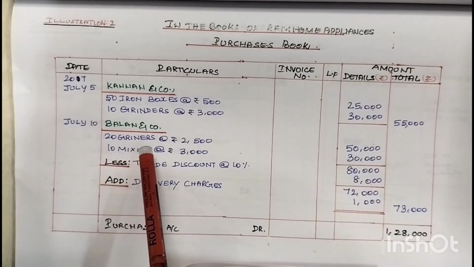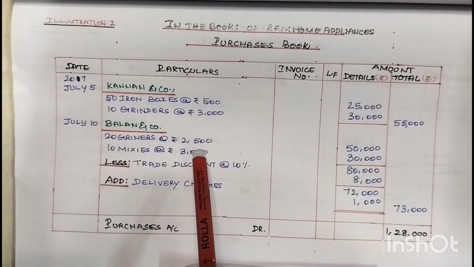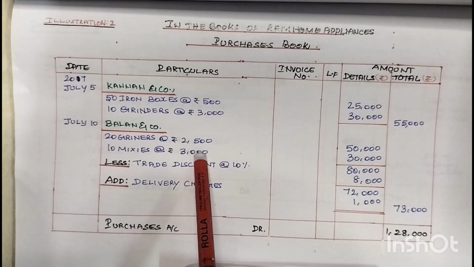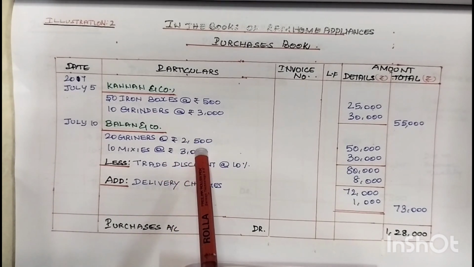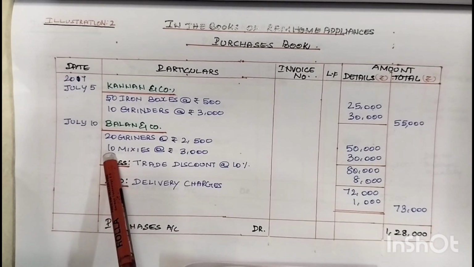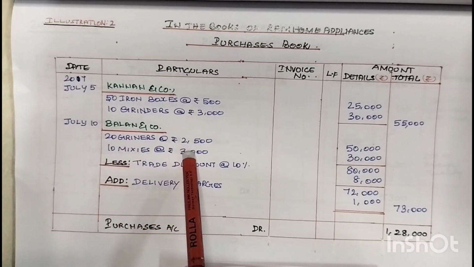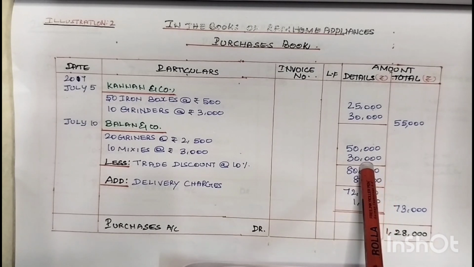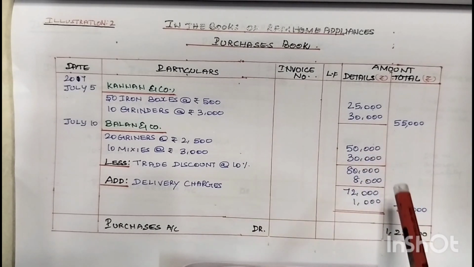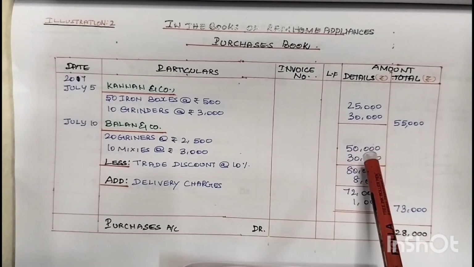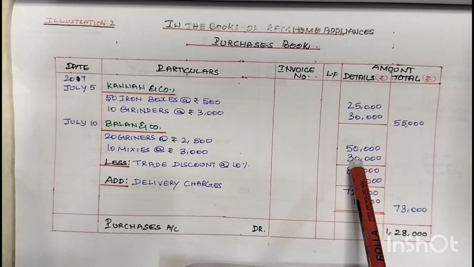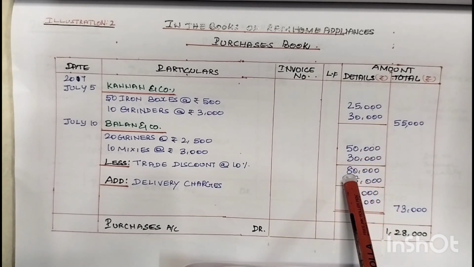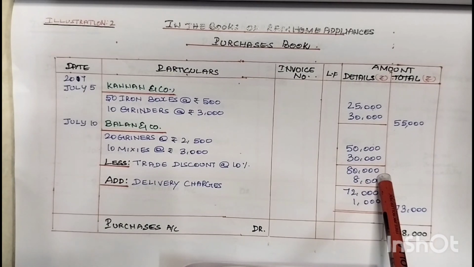Then 10 mixies at rupees 3000. One mixie rate is rupees 3000. How much for 10 mixies? We have to multiply 10 into 3000. What do we get? We got 30,000 rupees. Then we have to add this 50,000 plus 30,000 rupees. We got 80,000 rupees.